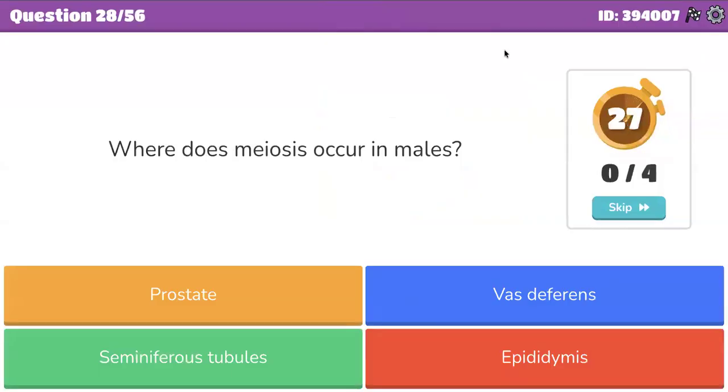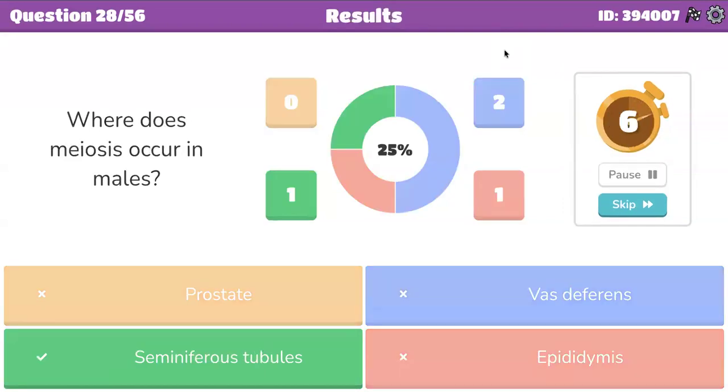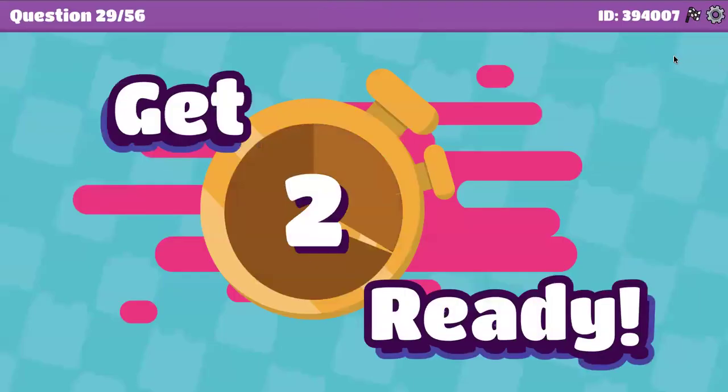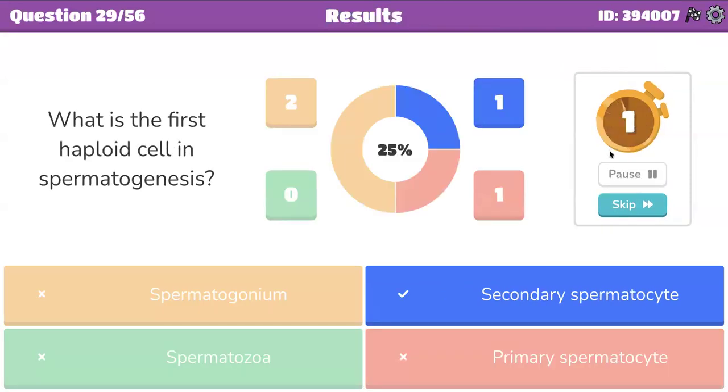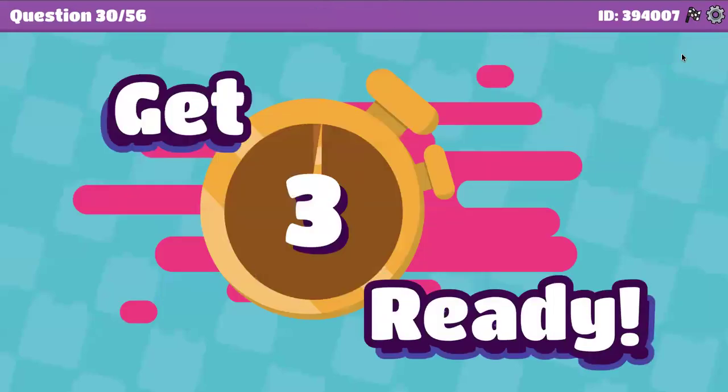Where does meiosis occur in males? In the seminiferous tubules. What is the first haploid cell in spermatogenesis? Secondary spermatocyte.